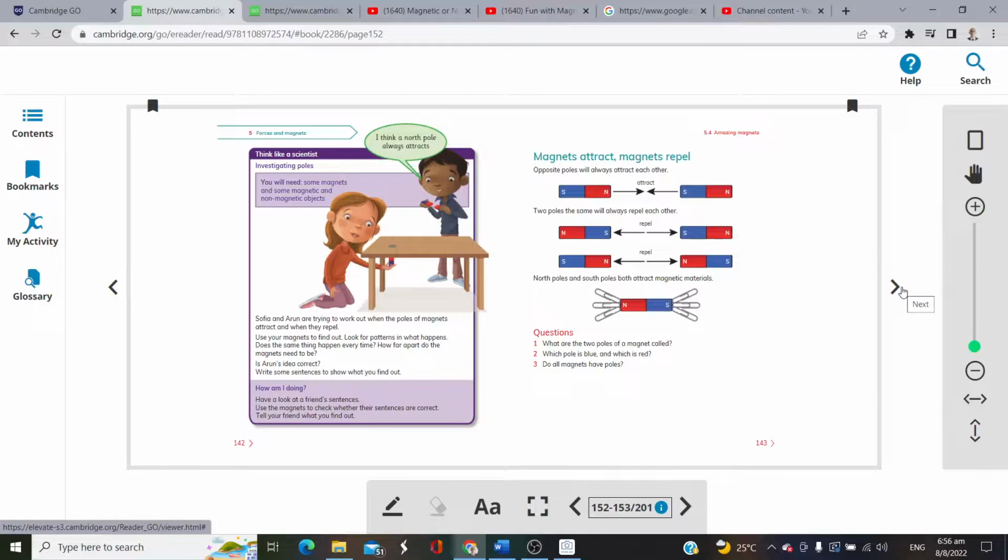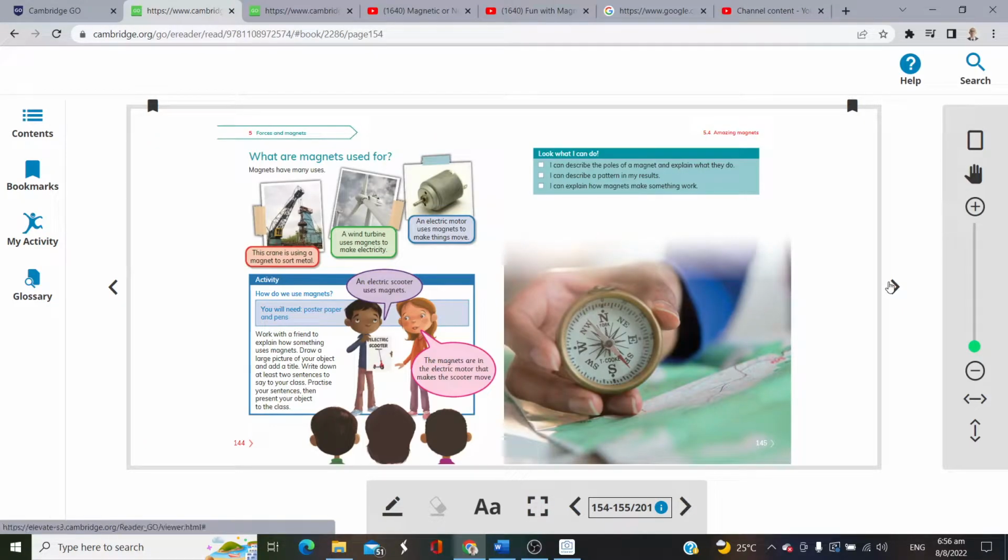We have also done our paperclip chain tower activity. And then the last thing before you went on the run was we learned about what magnets are used for. You see the third image: an electric motor uses magnets to make things move.